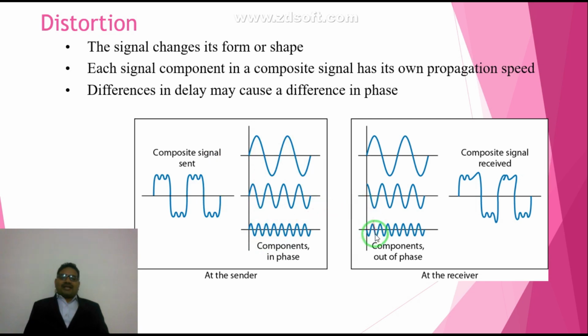You can see how they are out of phase now. This is the first harmonic, then this is the second. It starts at 90 degrees, then 180 degrees. So there is a variation in their phase and propagation speed, which results in distortion in the shape of the composite signal being received. You can see the shape is a little bit distorted. Hope you understood this concept.